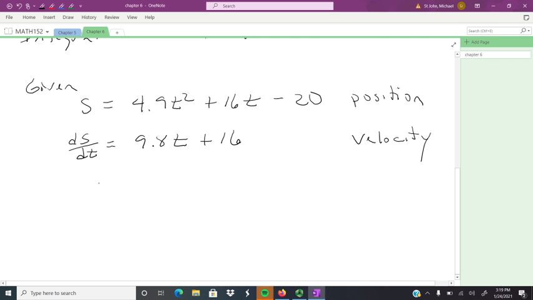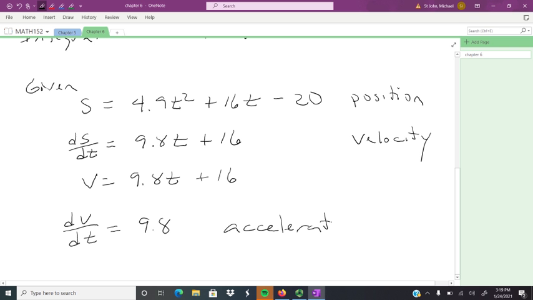And so we have v equals 9.8t plus 16, and then if we do dv dt, we get 9.8, and this is the acceleration.